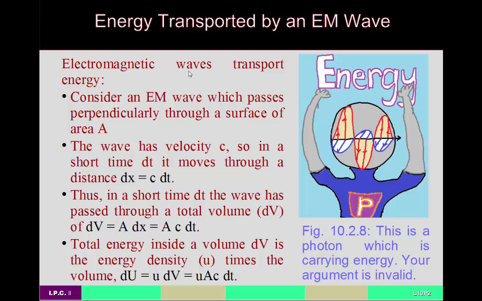It turns out that how much energy an individual photon carries is determined by the wavelength of that photon, and then another fundamental constant of the universe called Planck's constant. But I don't want to belabor that particular point.